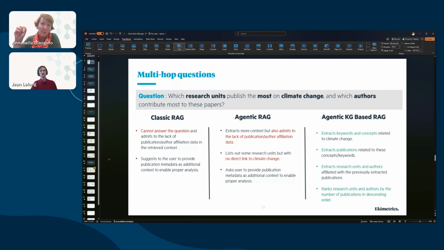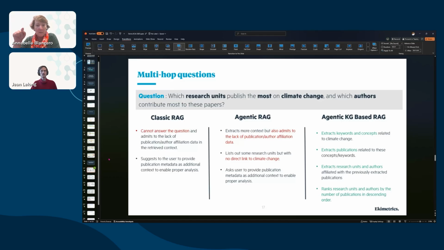The classic RAG would be just based on the publications themselves, and its reply is to just ask for more information from the user. The agentic RAG manages to extract a bit more context, but also admits that it completely lacks information to answer the questions. What our system does is that it would first extract the keywords and the concepts that are related to climate change.